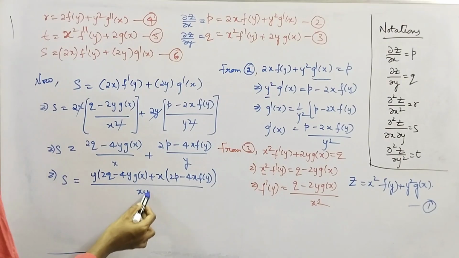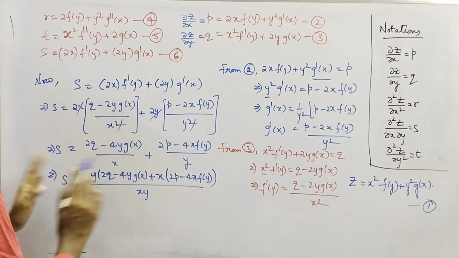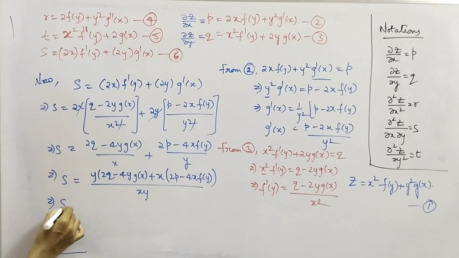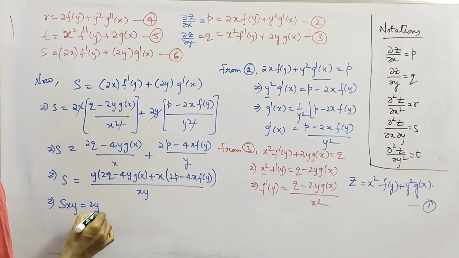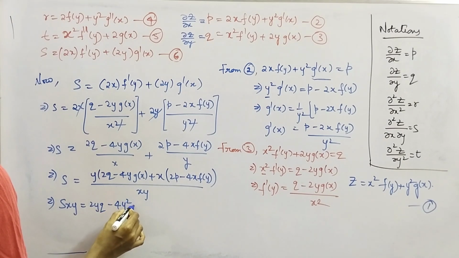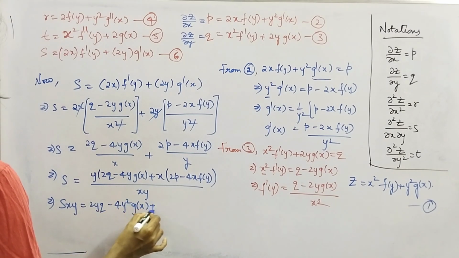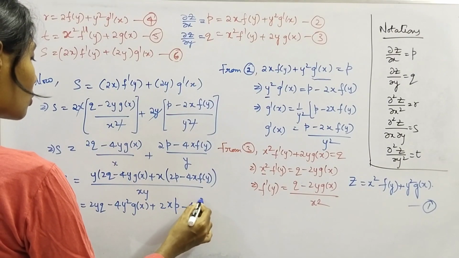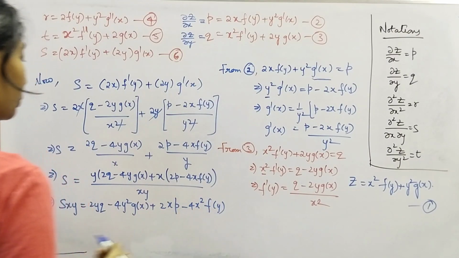Now make a cross multiplication, or just multiply both sides of the equation with xy, so that you'll get sxy equal to 2yq minus 4y² g(x) plus 2xp minus 4x² f(y).